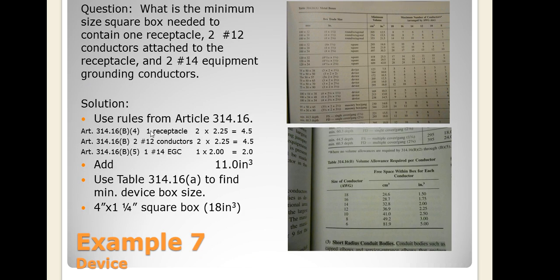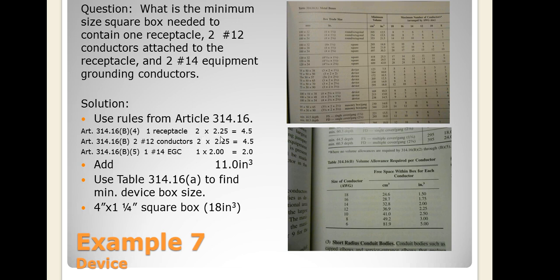Example number 7. What is the minimum size square box needed to contain one receptacle, 2 number 12 conductors attached to the receptacle, and 2 number 14 equipment grounding conductors? So you must refer to article 314.16(B)(4), and you will find that any receptacle or devices get a double volume amount based on the largest conductor connected to it.